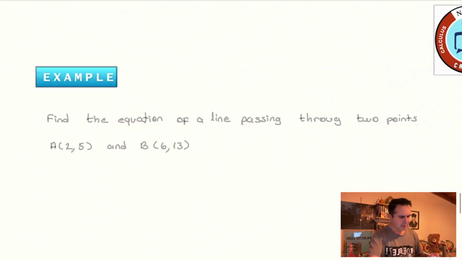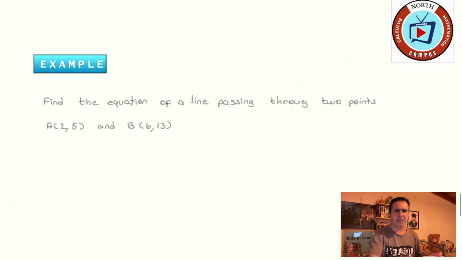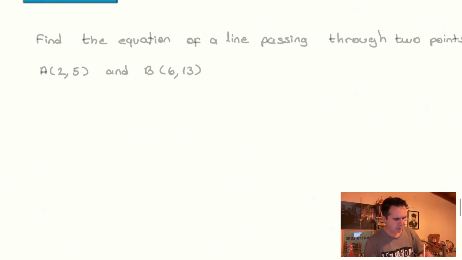And the second and last example: find the equation of a line passing through the points A (2, 5) and B (6, 13). To find the equation of a line passing through two points, we have to find the slope first.